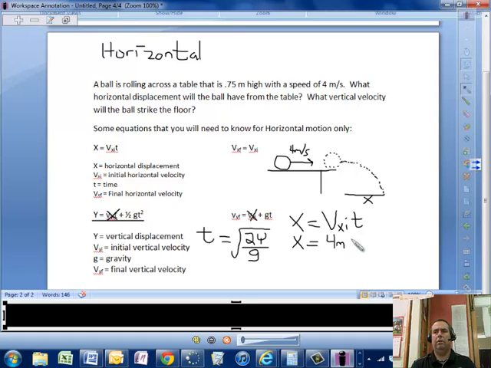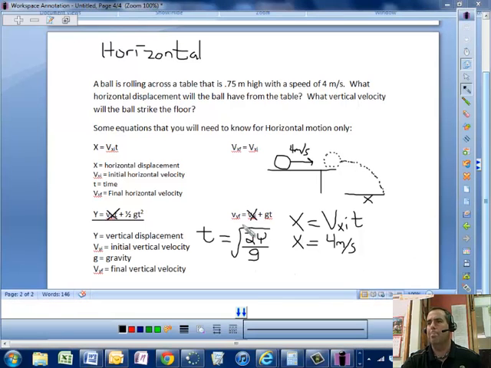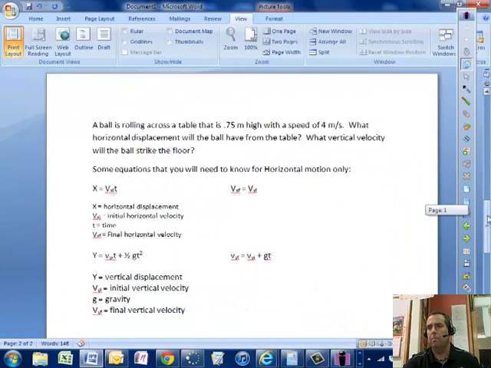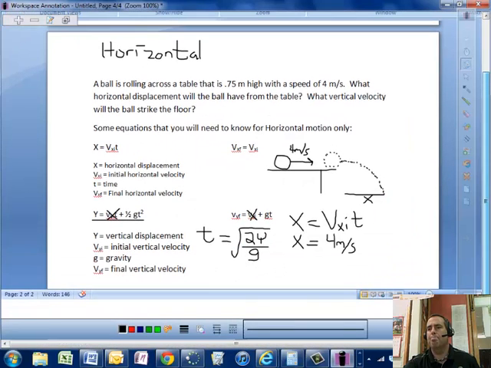But I don't have a time. Well, if I use all of the information from the problem, I can go ahead and come back to this problem right here. And by doing that, let me go ahead and bring this down just a little bit more. There we go. Okay. If I go ahead and do that, I can solve for time right here.